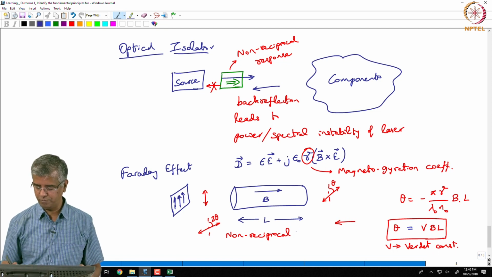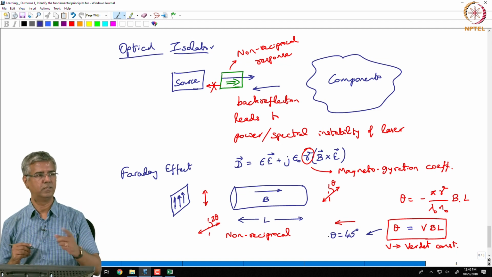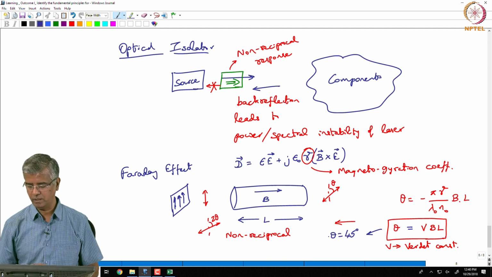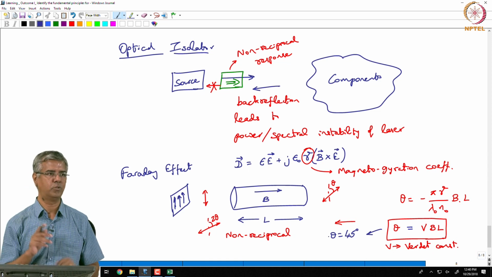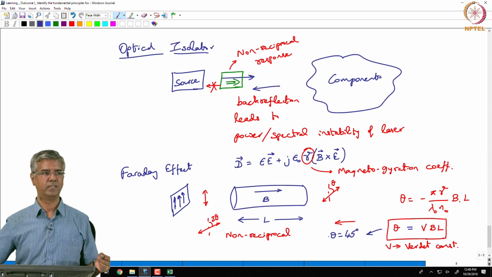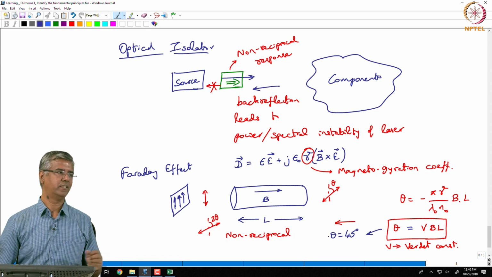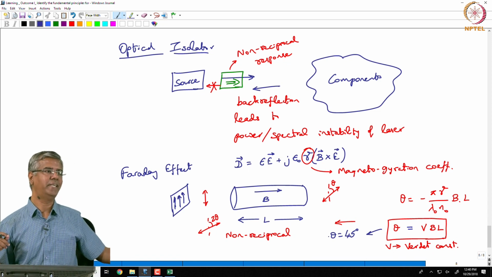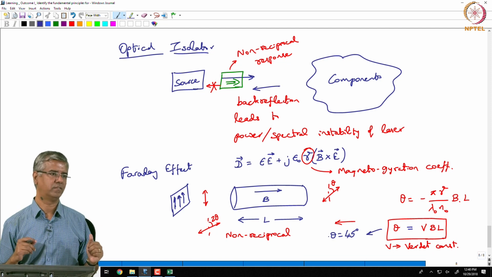If this theta is 45 degrees, right, you have rotated your polarization by 45 degrees going from left to right, but coming back it would have rotated 90 degrees with respect to the original polarization, right.